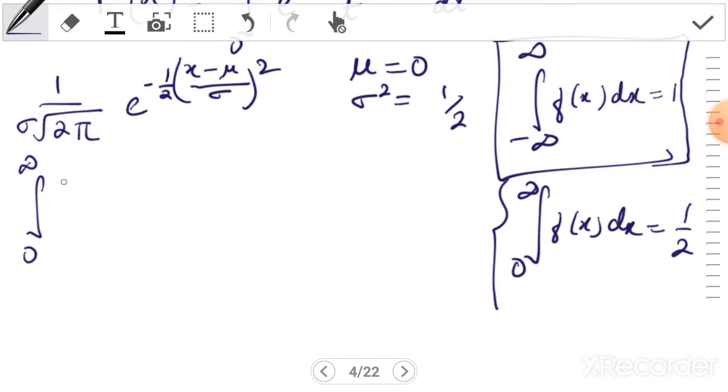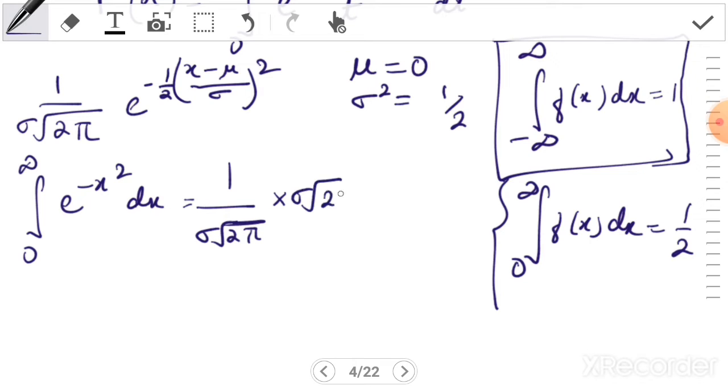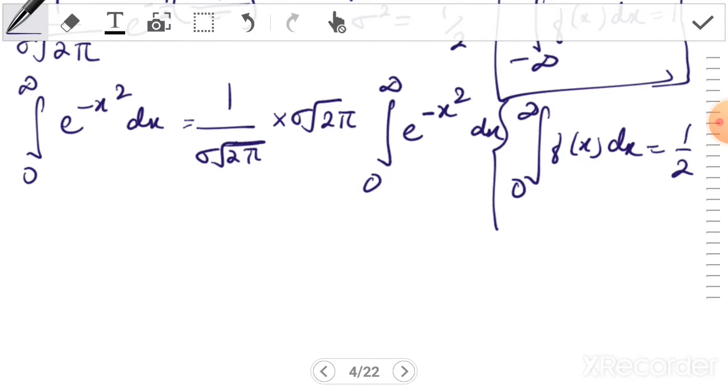Now 0 to infinity e power minus x square dx, you can write by multiplying and dividing by sigma root 2 pi, into sigma root 2 pi, 0 to infinity e power minus x square, where mu is equal to 0 and sigma square is equal to 1 by 2, dx.